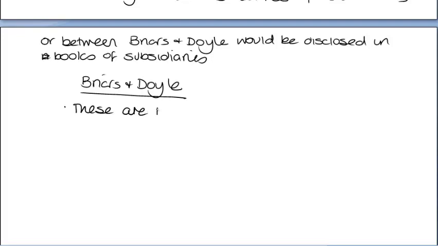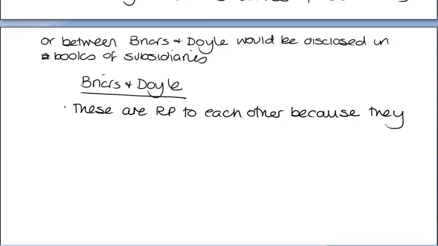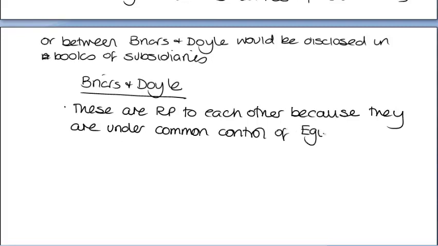These are related parties to each other because they are under the common control of Egin.